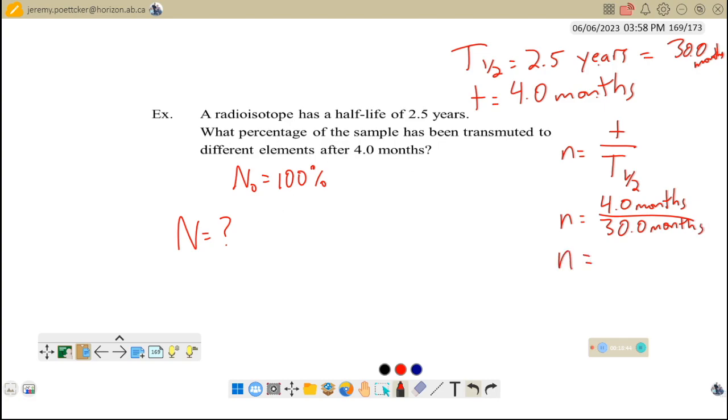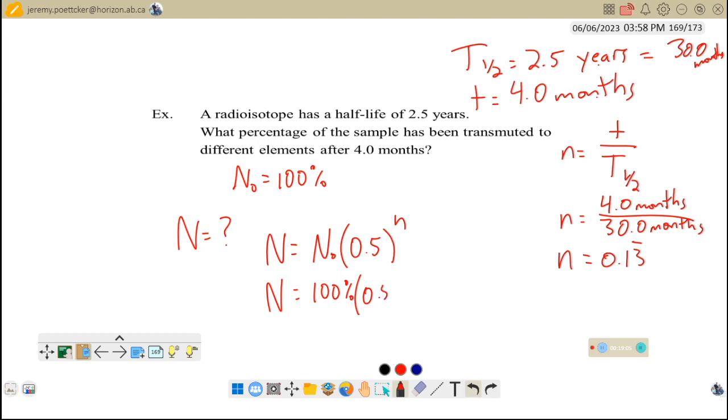So 4 divided by 30, 0.13 repeating. Do not round that. And so in this case, it's just a matter of plugging this into our equation, right? And away we go. So in this case, you can't use the second function comma on your calculator to get the times 10 exponent, because we don't want times 10 exponent. You have to use the little hat thing right above your dividing sign.